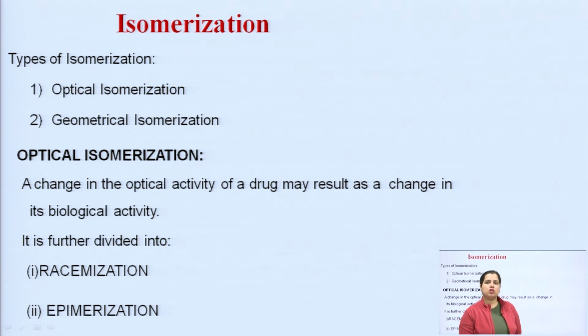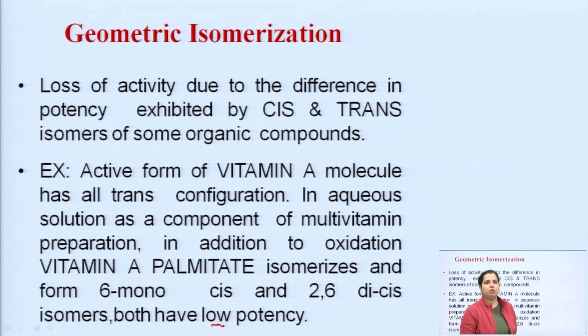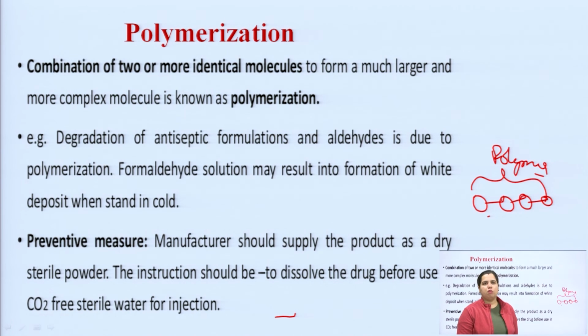Optical isomerization is further divided into racemization and epimerization, and geometrical isomerization refers to conversion of trans to cis form or cis to trans form, giving a less effective drug. Polymerization is when different monomers join as multiple units to form a polymer. Sometimes it may degrade the quality of a drug product.